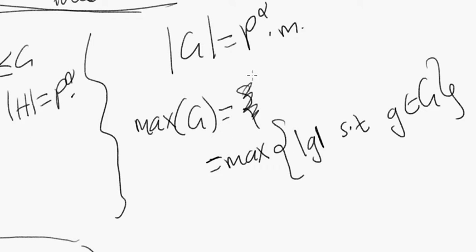If we take all the elements of G and take their orders, we ask the question, what is the largest order we can possibly get?